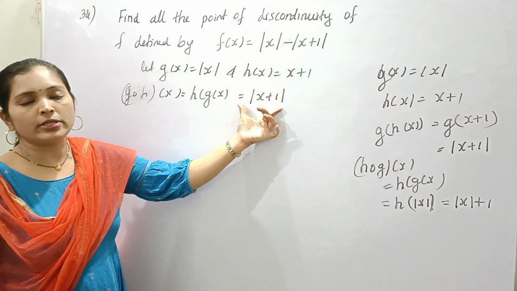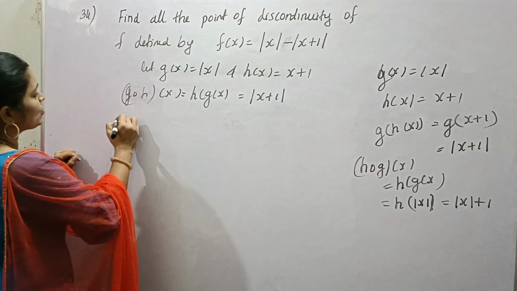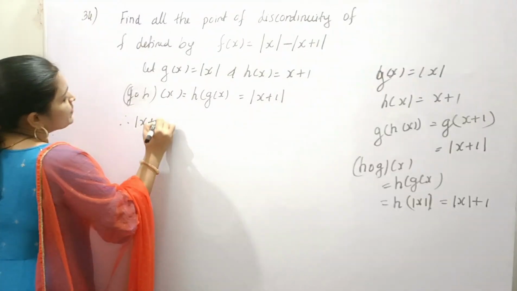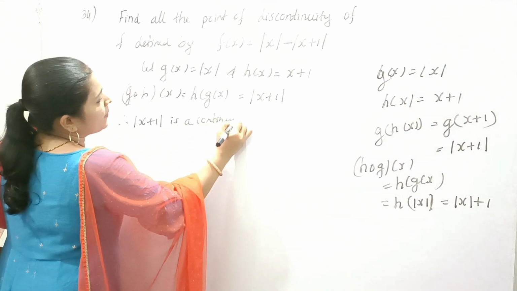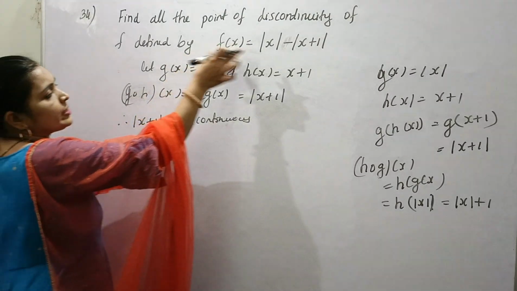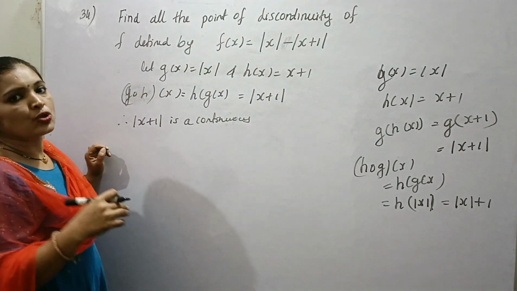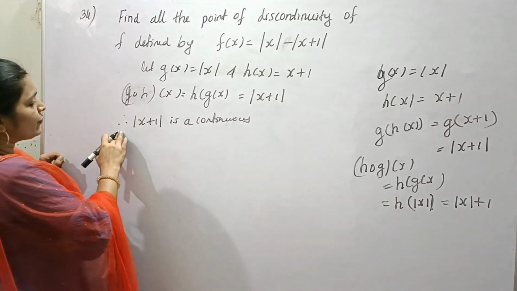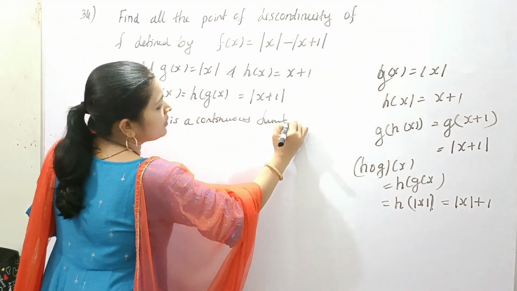Therefore, |x + 1| is also a continuous function, because by the algebra of continuous functions, g(x) and h(x) are continuous, so g composite h is also continuous.